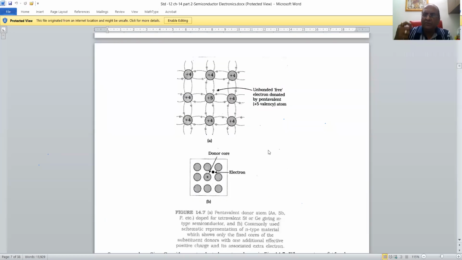Suppose we think about one pentavalent material, arsenic. These pentavalent and trivalent materials are called impurities, and they are added in this intrinsic or pure semiconductor. Suppose first we think about arsenic, pentavalent.